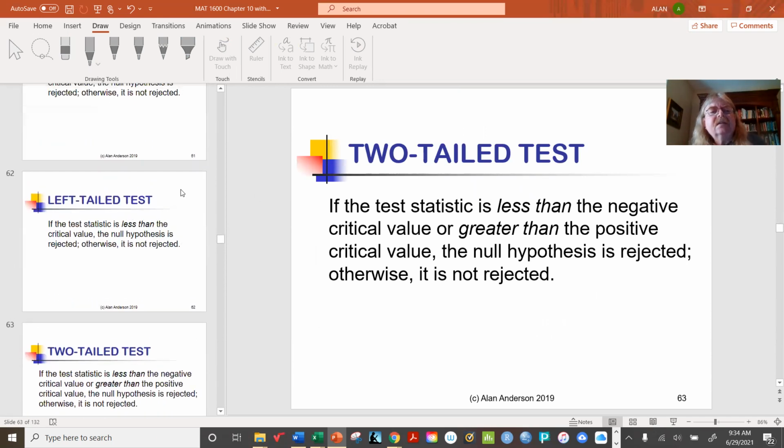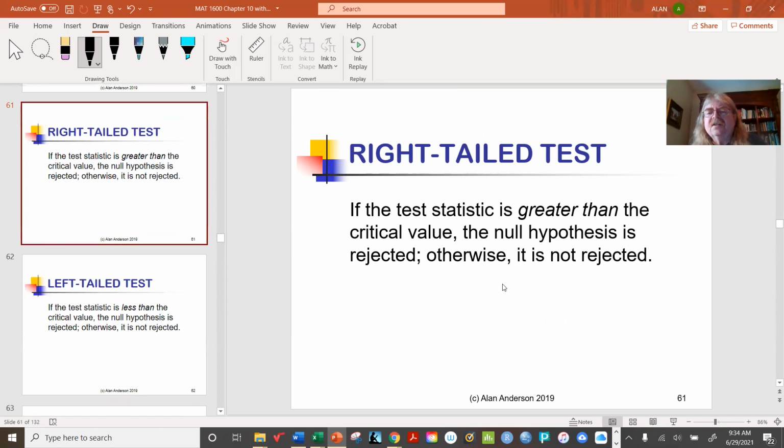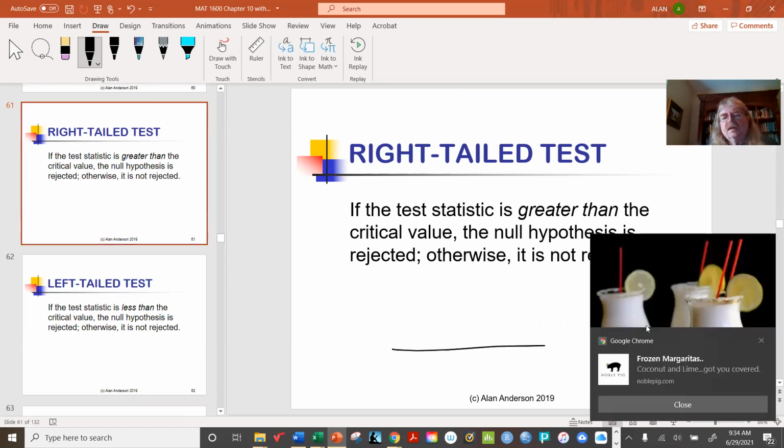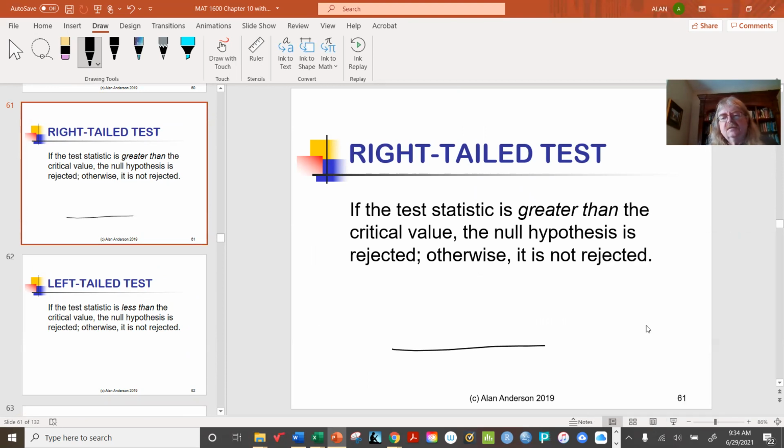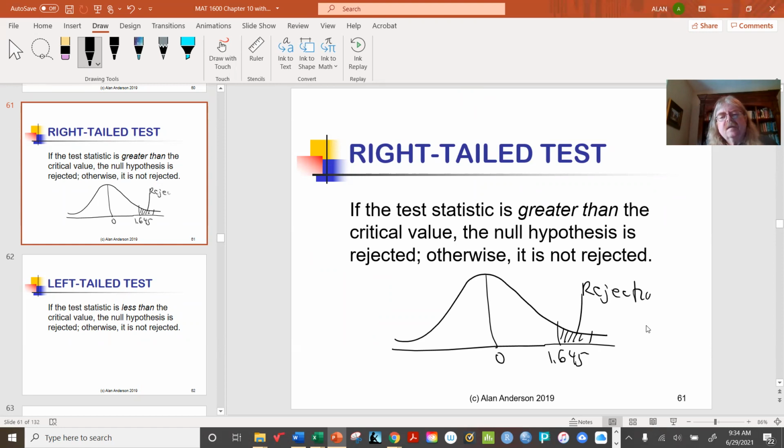The right tail test means that if the test statistic is greater than the critical value, for example, using the example we had, let's say this is the standard normal. This is my rejection region. In the left tail case, and again, this is for the standard normal case.